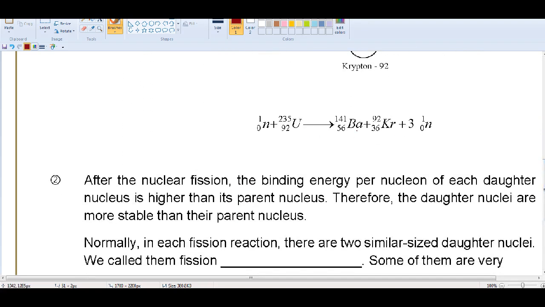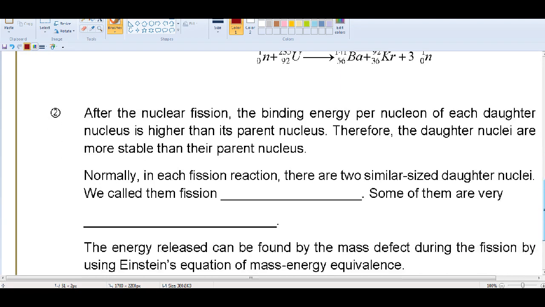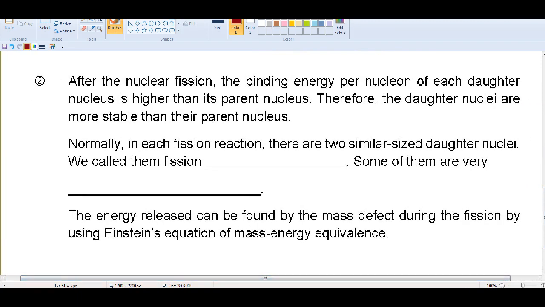So here's the equation. You can track that all the atomic numbers and mass numbers are well balanced. Remember that after any nuclear reaction, including this nuclear fission, the binding energy per nucleon of each daughter nucleus is higher than its parent nucleus.